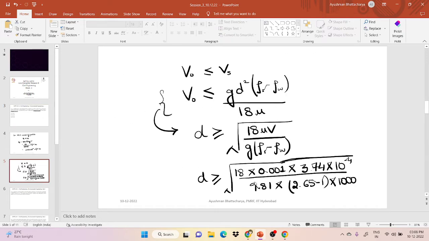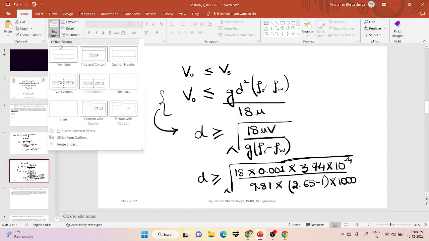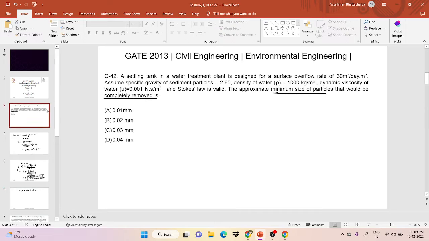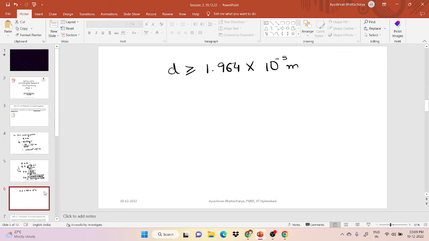Now after substituting this, d minimum comes out to be 1.964 into 10 raised to the power minus 5 meter. Okay, so we got the d value, but here is the catch. In the question the options are given in terms of mm. Since we got it in meters, we have to convert to mm.